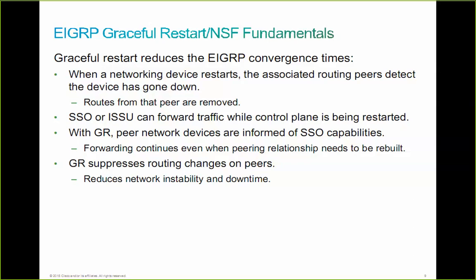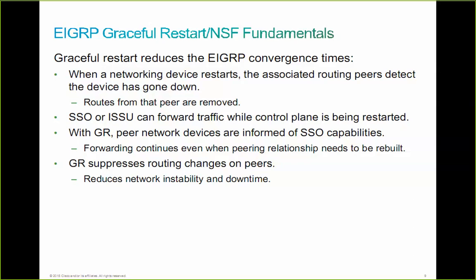The other thing that Graceful Restart allows for is the forwarding of data packets to continue along known routing paths while the routing protocol information is being restored during the failover event, whatever that failover event might be. Typically, it's going to be a switchover from one processor to the other.